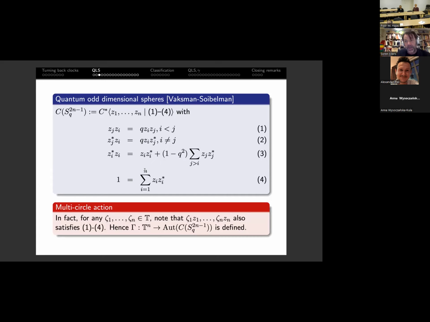I can take different numbers of modulus 1 and put them on the different generators. And for the same reason as before, these numbers will not cancel out in the same way, but just like before, I will get these numbers out and they will still satisfy the relation. So you can get a multi-circle action, which I don't really need for anything.